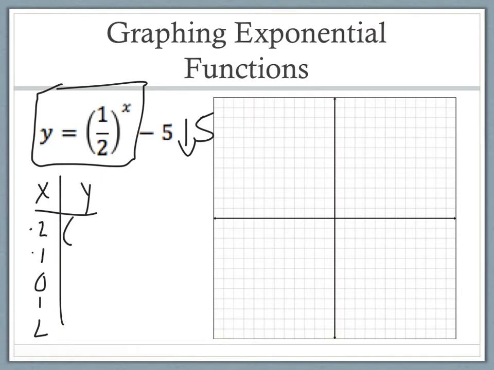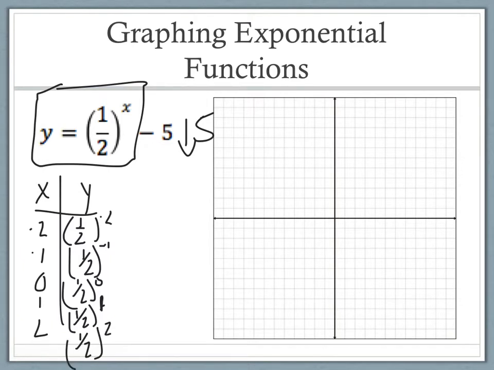So this is going to be 1/2 to the -2 power, 1/2 to the -1 power, 1/2 to the 0, 1/2 to the first, and then 1/2 to the second.